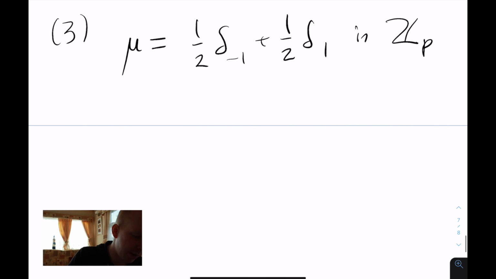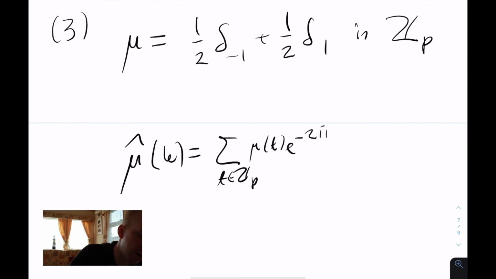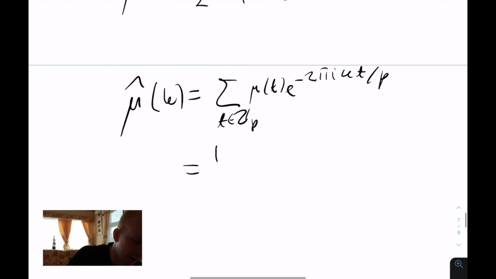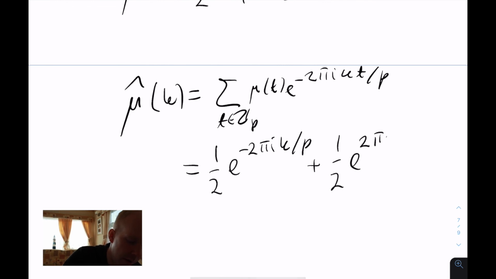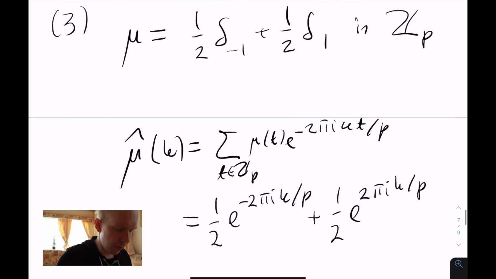Now we can obtain the Fourier transform of this by using the definition again: the sum over t in Z_p of mu(t) e to the power minus 2 pi i k t over p. Because it's only at two points, with weight a half, we get a half e to the power minus 2 pi i k over p, plus a half e to the power plus 2 pi i k over p. We can write the Fourier transform in this form.